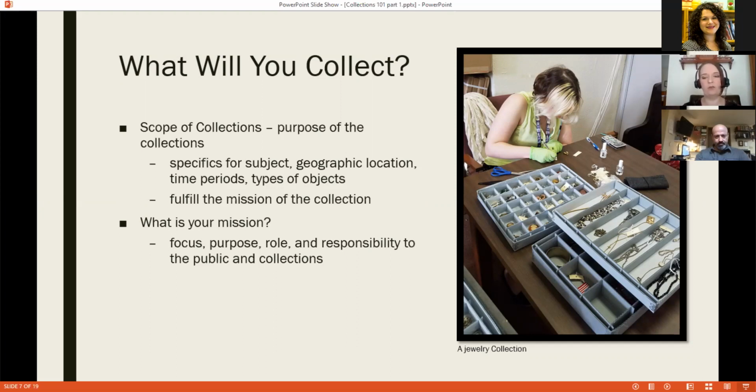What is your goal in terms of what you want to share with the world? You can specialize with specific subjects, but the goal is to fulfill the mission of your institution. So what is the purpose of why you exist? And how do you want to convey that to the public?